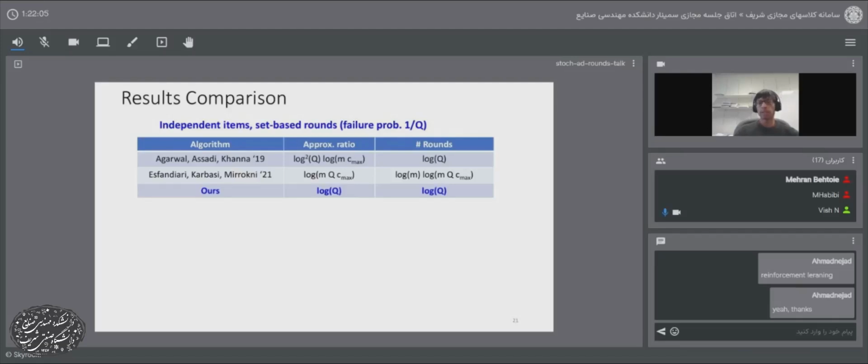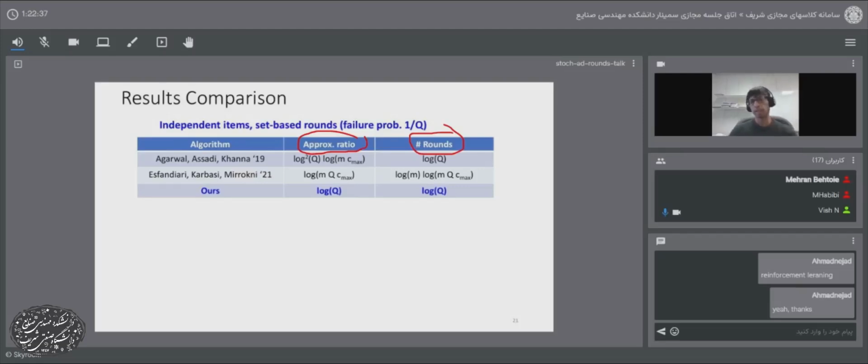I'm comparing the approximation ratio in the second column and the number of rounds in the third column. The paper of Agarwal and others has an approximation ratio that involves three logarithmic factors and a number of rounds which is logarithmic in their target Q. Esfandiari et al. get an approximation ratio with one logarithmic factor, but need more rounds, with two logarithmic factors in the number of rounds.